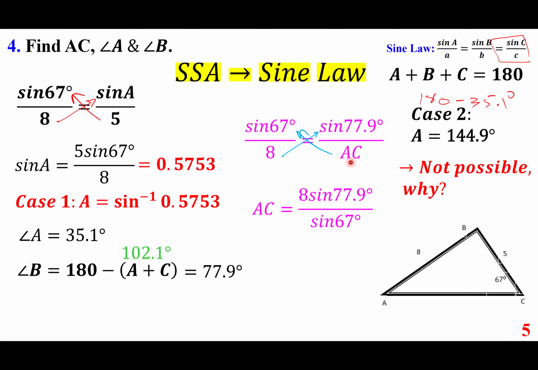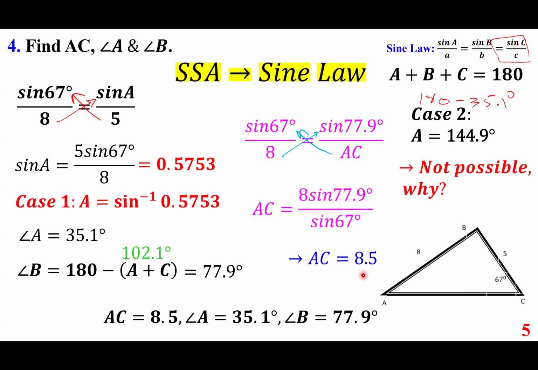You have to put it into a calculator, and however many decimals they want, using a calculator results in 8.5. And we summarize what we just found, this one and this one and this one. Okay, so our findings, we summarize them, everybody.